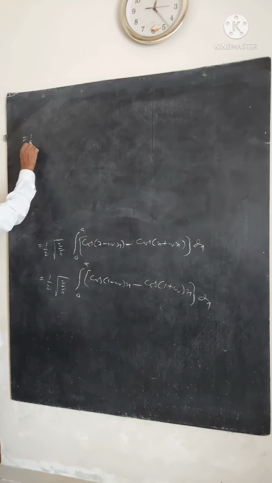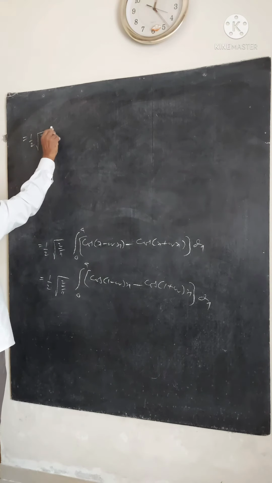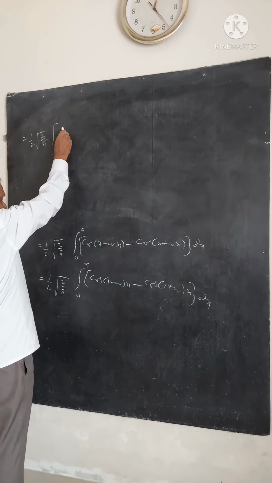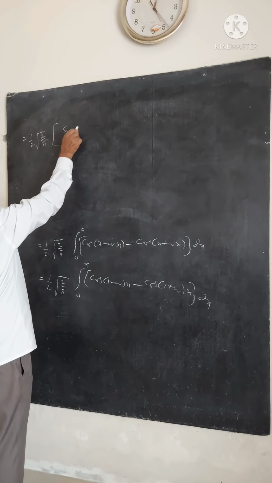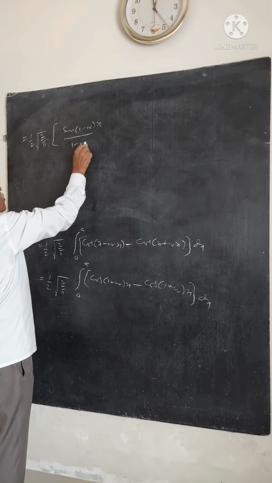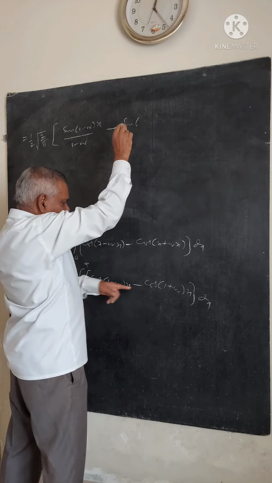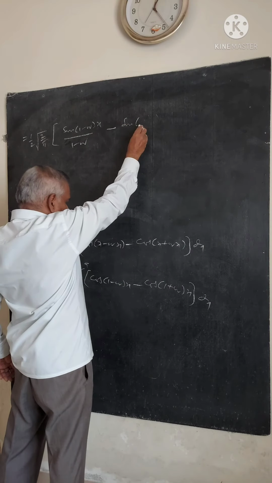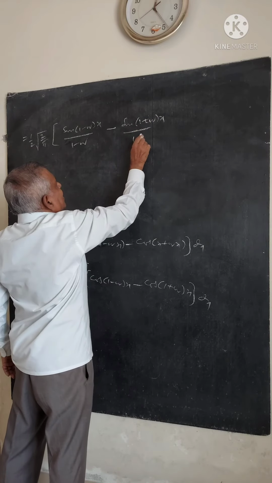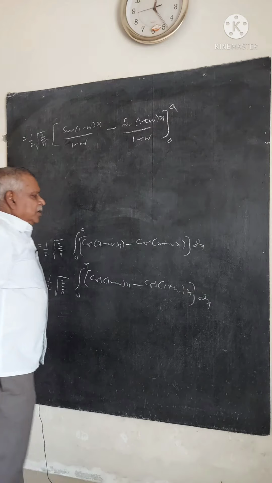Integrating: 1 by 2 root of 2 by pi, sin (1 minus omega) x by (1 minus omega) minus, since the integral of cos is sin, sin (1 plus omega) x by (1 plus omega), limits 0 to a.